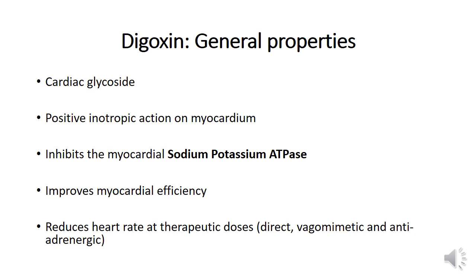We have to compare digoxin with other agents like adrenaline and noradrenaline, which also increase myocardial contractility, but they reduce myocardial efficiency because they increase the heart rate and the oxygen requirement increases.